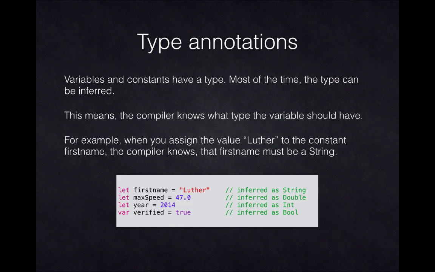When you assign 47.0 to a constant, the compiler knows this must be a double. And when you assign 2014, it must be an int. In the case of Boolean values, if you set true or false as a value, the compiler knows this is a bool.